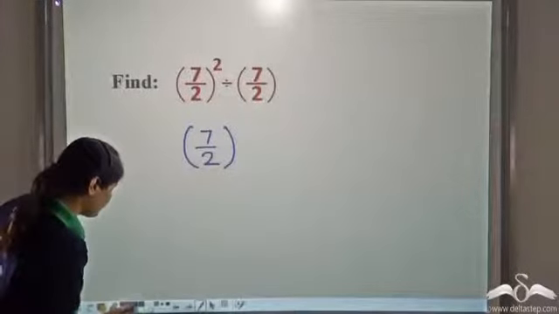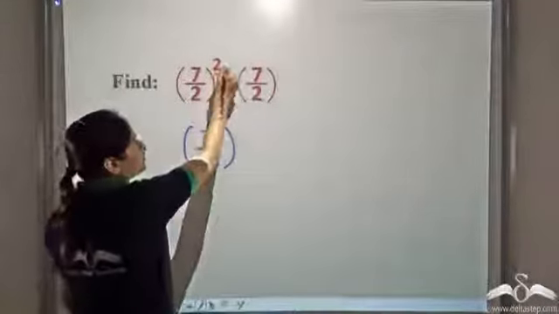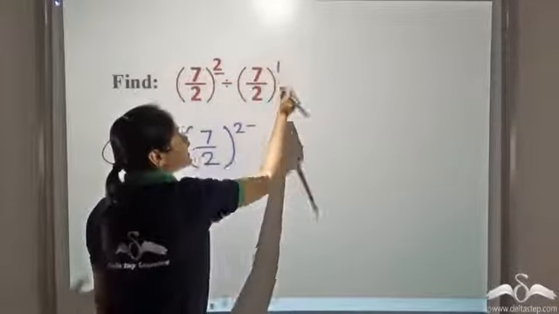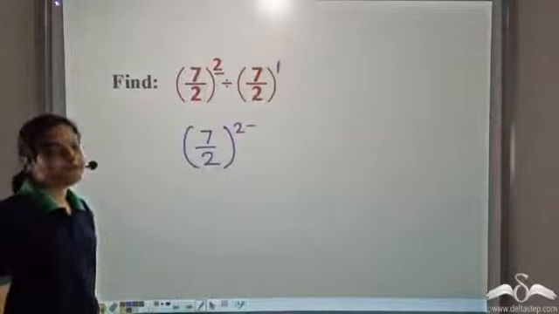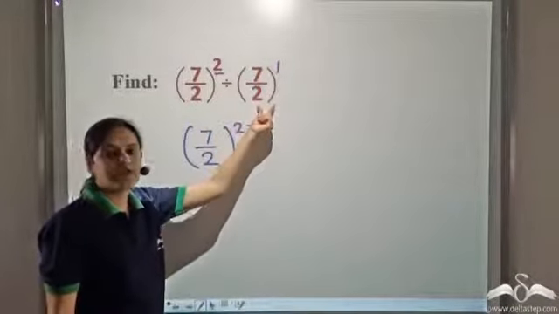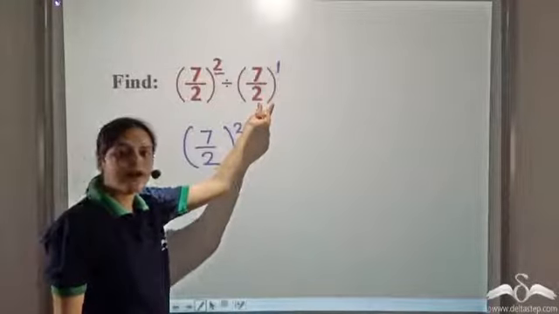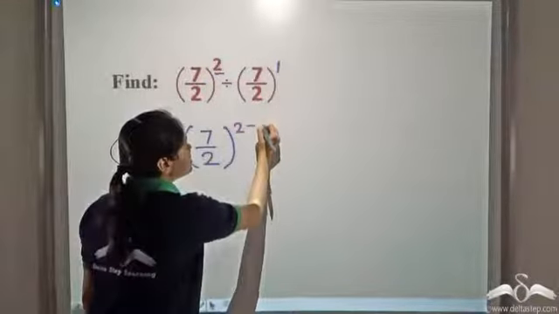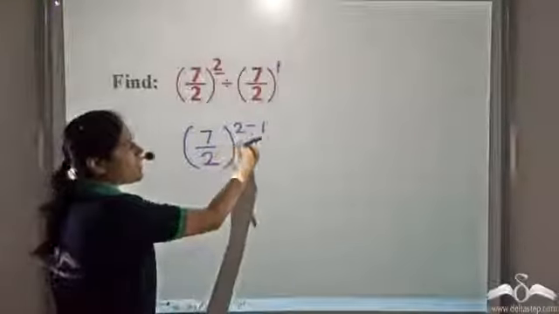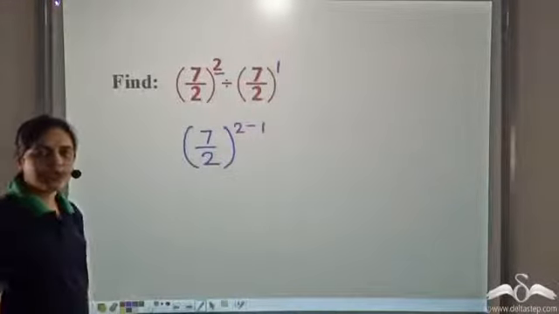So 7 by 2 to the power 2 minus 1, because we can express any number in the form of an exponential by raising it to the power 1. 2 minus 1 is equal to 1.